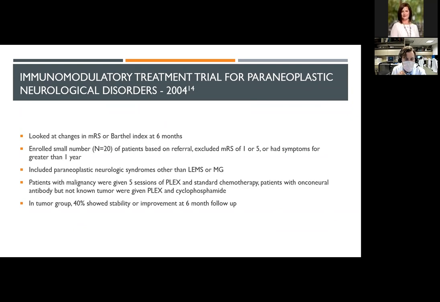They just looked at 20 patients who had some disability but were not horribly disabled. 40% showed stability or improvement at 6-month follow-up in patients who had an underlying tumor. So not wonderful, but it is some effect, because they'd all been progressing for the year previous to starting the study.